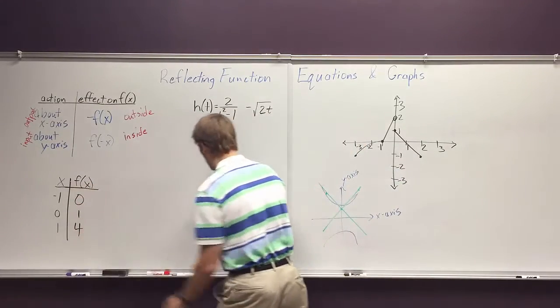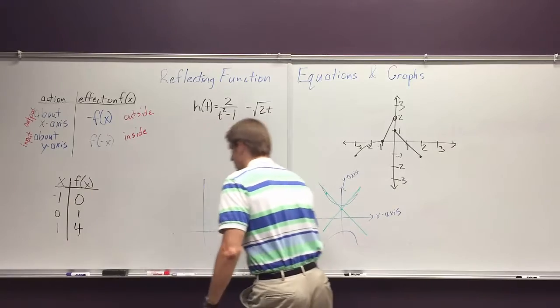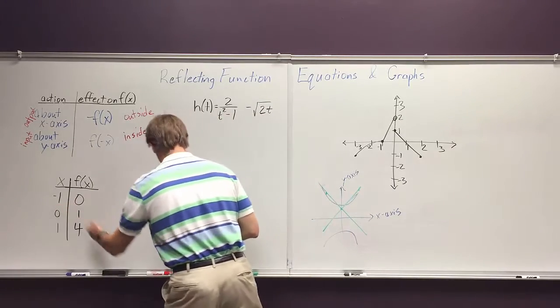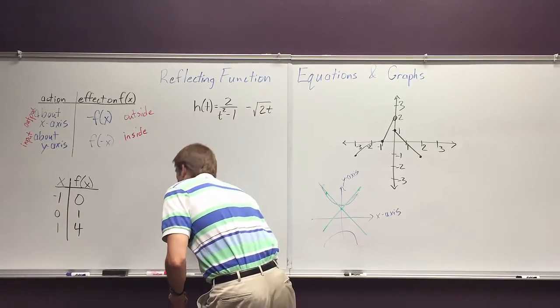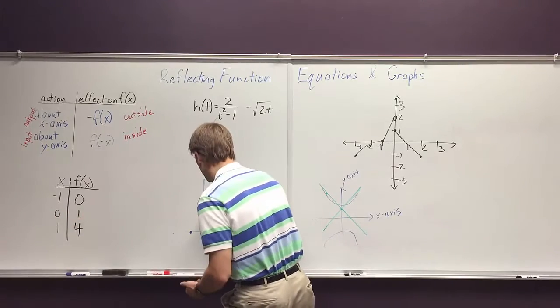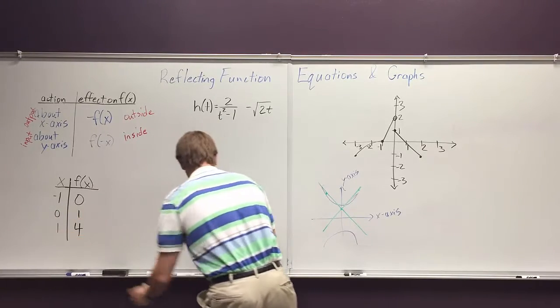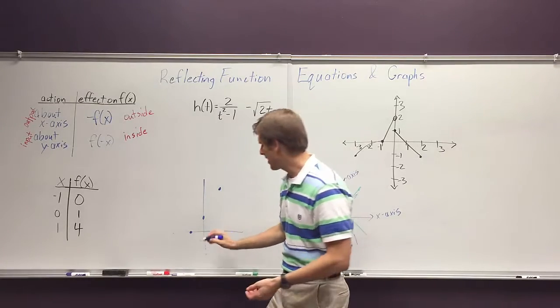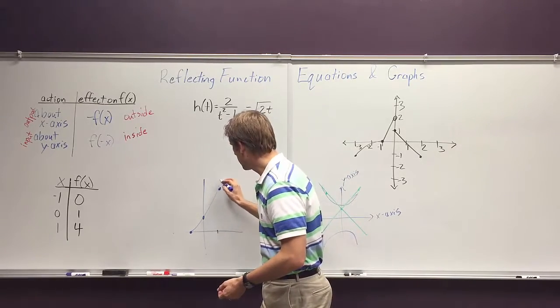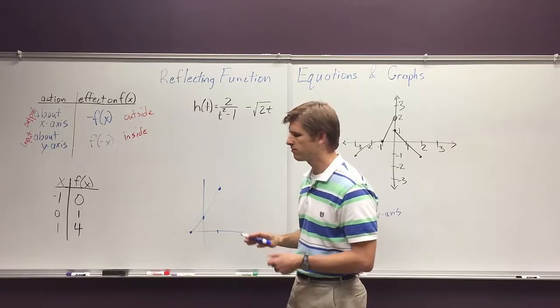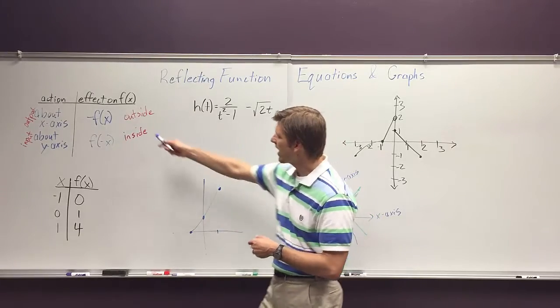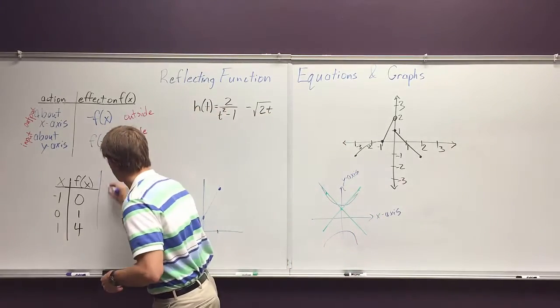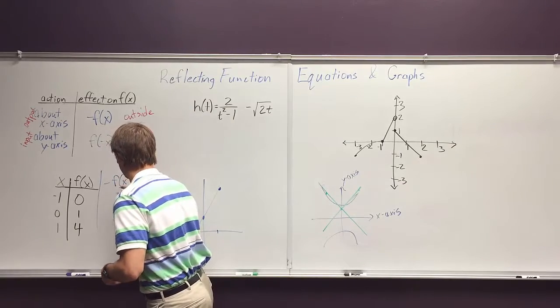Let's just follow a quick example with 3 dots here. Let's see, negative 1, 0, 0, 1, 1, 4. So those dots, you could think of that as maybe a part of a shifted quadratic function. But the important part is what happens if you put in negative f of x here.